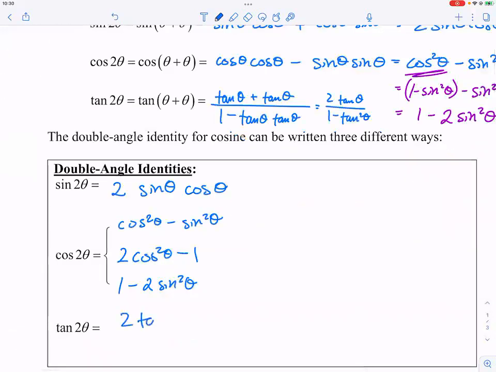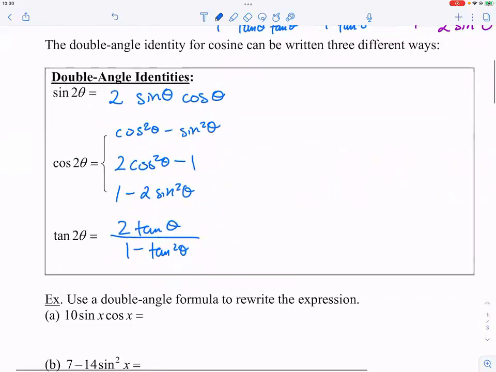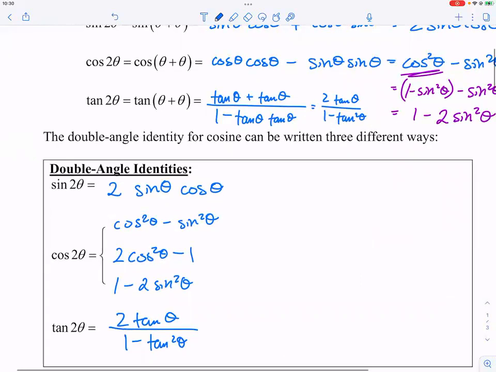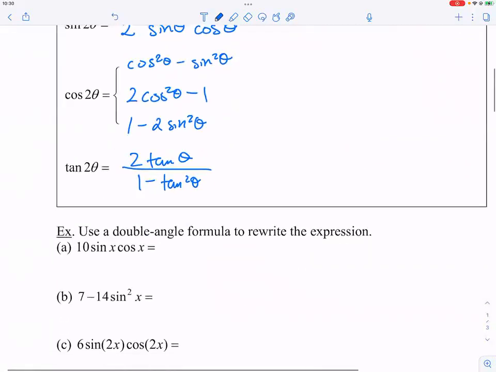So again, there is nothing brand new. It's all coming from the addition of these angles for these trig functions.